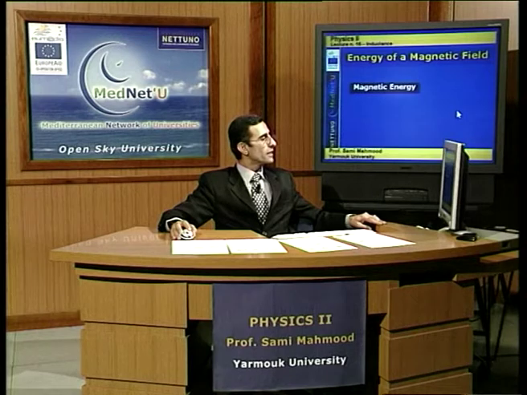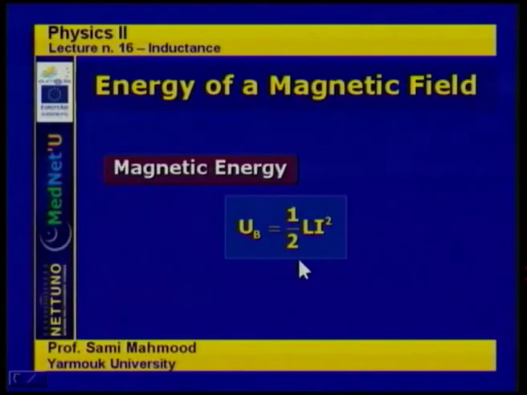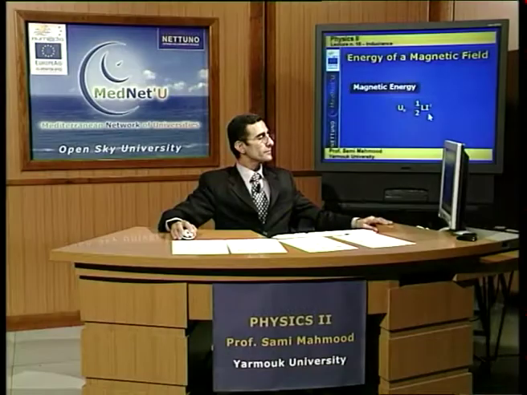And thus the magnetic energy U_B is equal to 1/2 L I squared. This is the magnetic energy in the inductor.